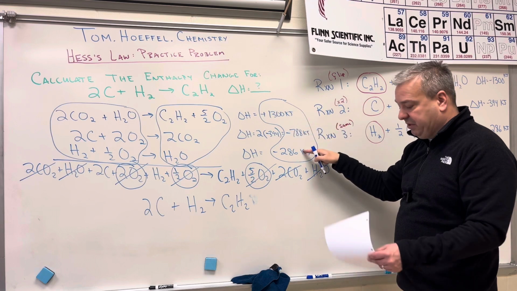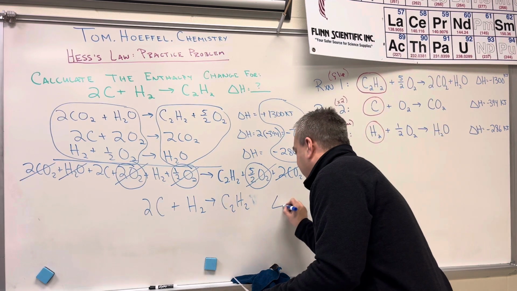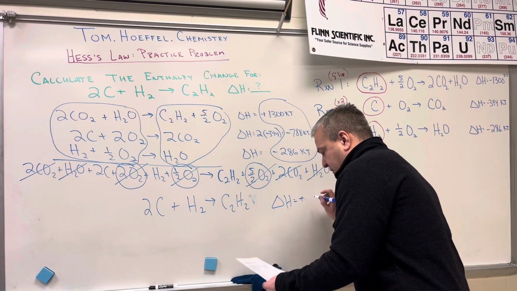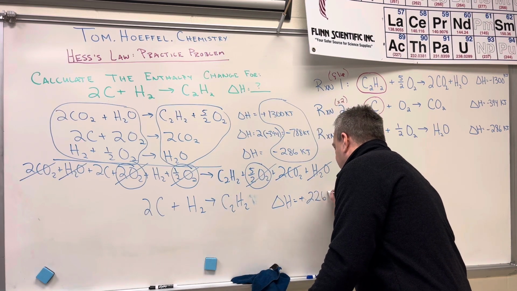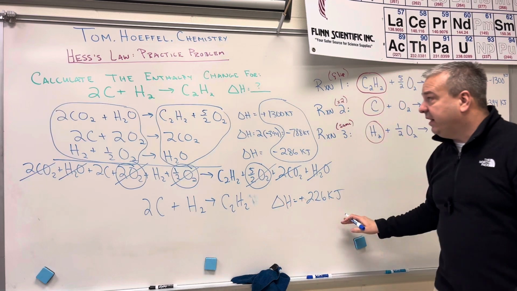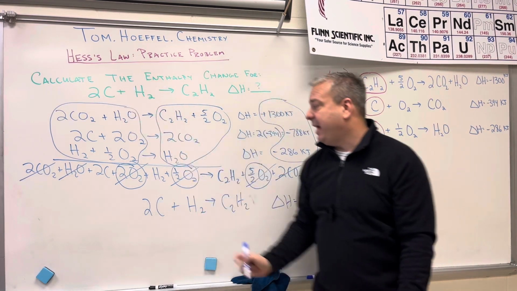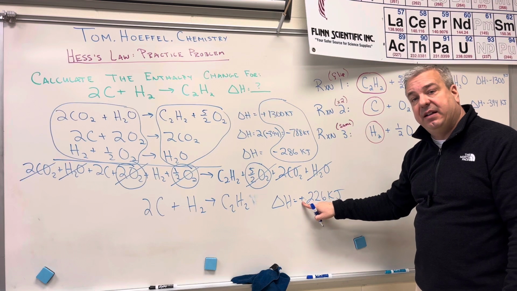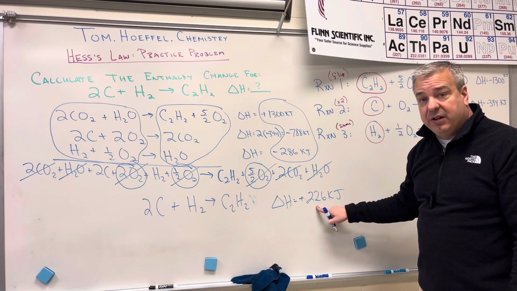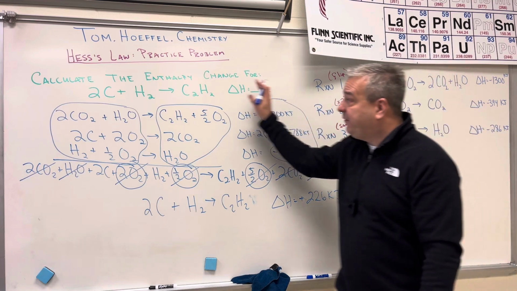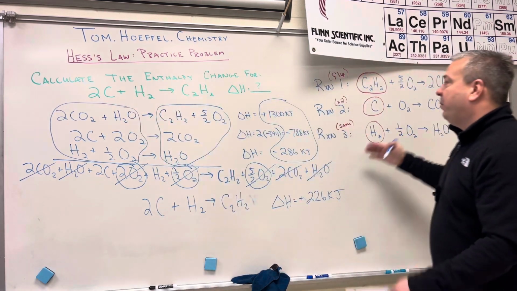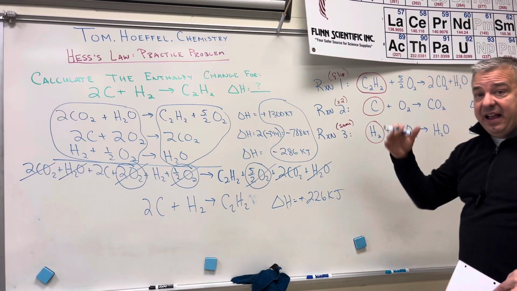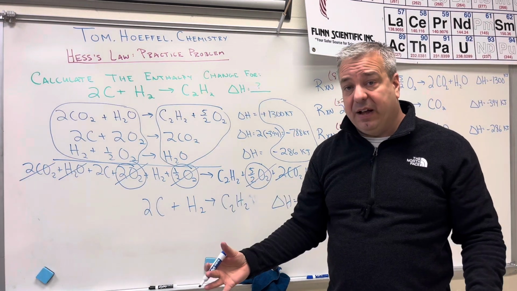And when you add these 3 up together, the delta H is going to be a positive 226 kilojoules. So the answer here for the enthalpy change for this chemical reaction is an endothermic reaction because it's increasing its enthalpy by 226 kilojoules. So I was able to figure out this reaction with the given of all these 3 reactions over here. And that's how you kind of tackle Hess's law.